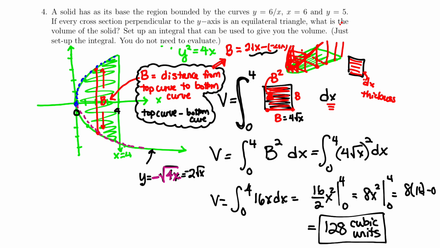So a solid has as its base the region bounded by the curves, y equals 6 over x, x equals 6, y equals 5. If every cross-section perpendicular to the y-axis is an equilateral triangle, what is the volume of the solid? I think what I'm going to do is take a screenshot and put it up.